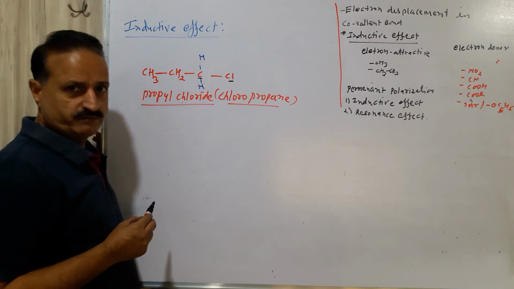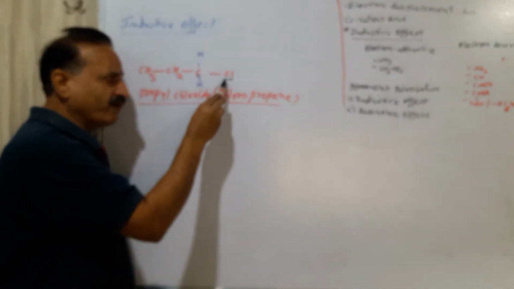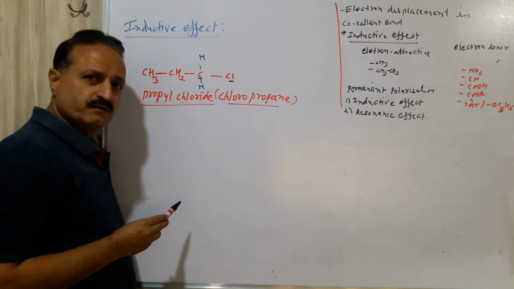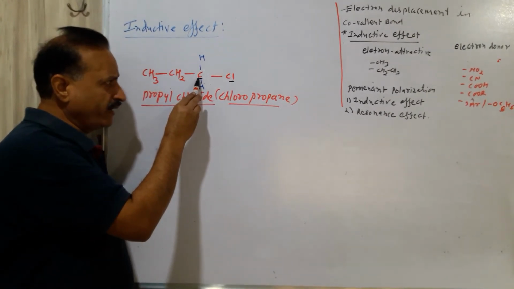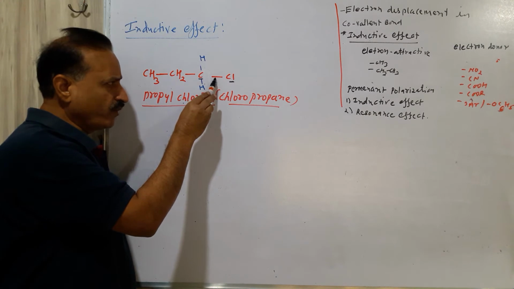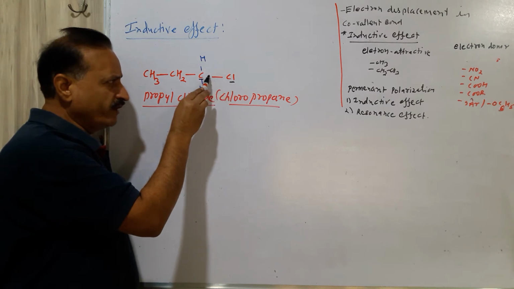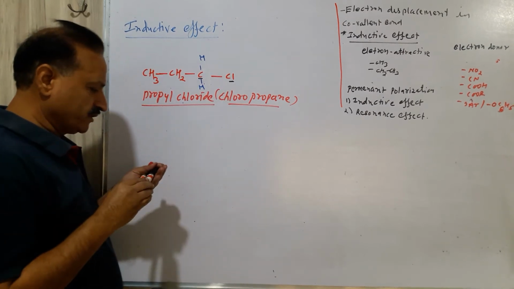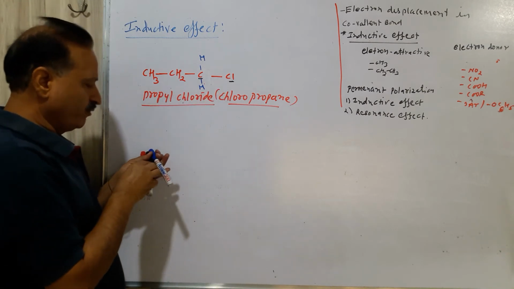It means the electron density of the more electronegative element is increased. The sharing electron pair of this covalent bond will be attracted by the more electronegative element, chlorine. So there will be more attraction, more dragging by chlorine.